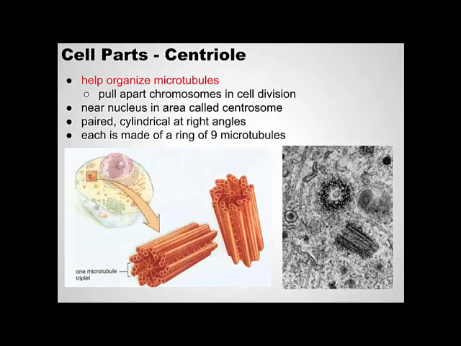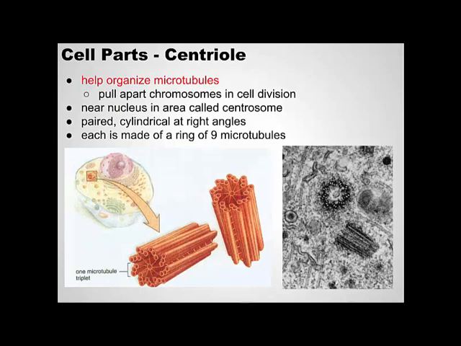They're found generally near the nucleus, and they're at right angles to each other. And they're made of these rings of microtubules, which we'll talk about. And they are helpful when a cell is dividing and forming the spindle, which pulls the chromosomes apart.